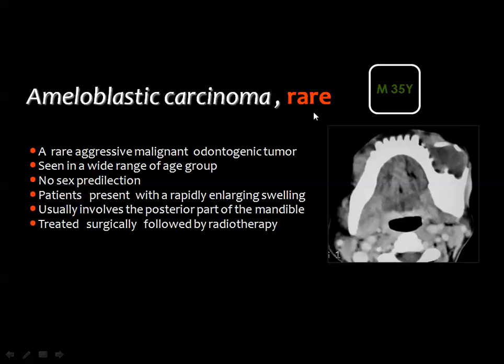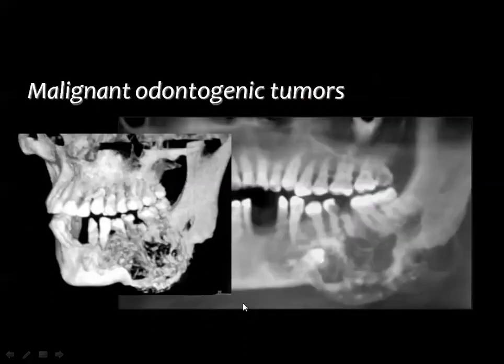And this is an aggressive tumor, and it has a wide range of age group appearance with no sex predilection. This is diagnosed by the appearance of an aggressive lesion with cortical destruction and the invasion of the adjacent soft tissue structures. You have seen this lesion before, and this is the reconstructed CT image of the same lesion.